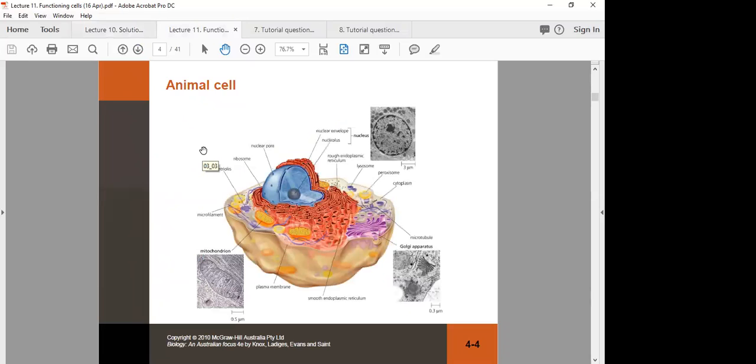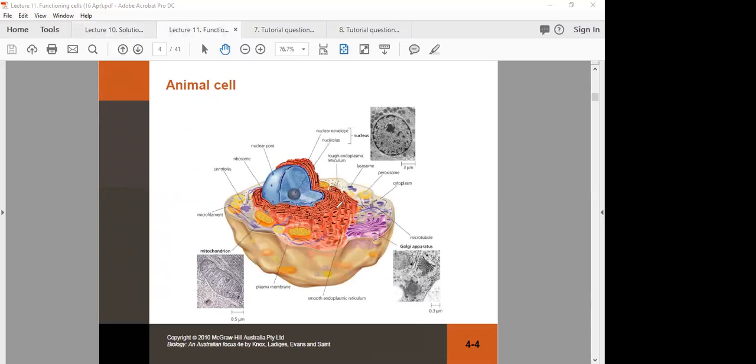All right, here we have a typical animal cell, and it's been cut in half to show the contents, and you can see that it's a very busy place inside this eukaryotic cell. In blue and also partly cut away here is the nucleus, and we have this dark staining region inside the nucleus called the nucleolus.